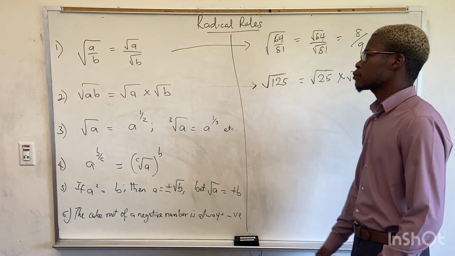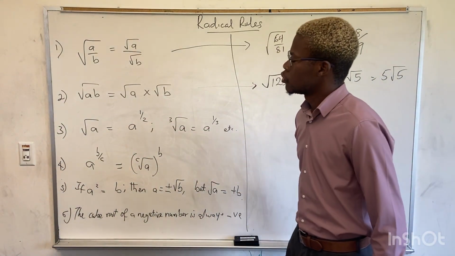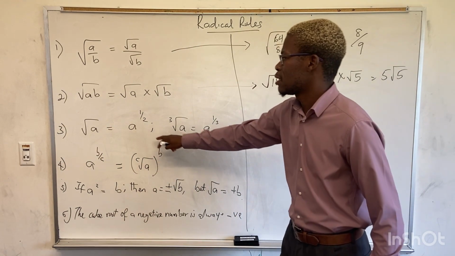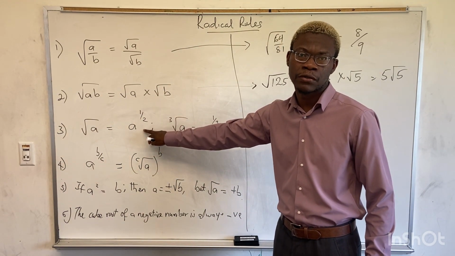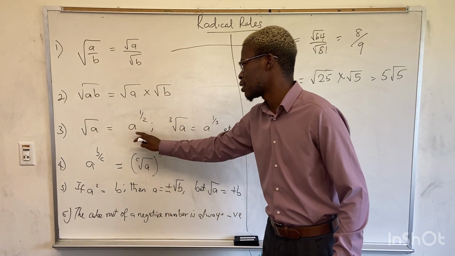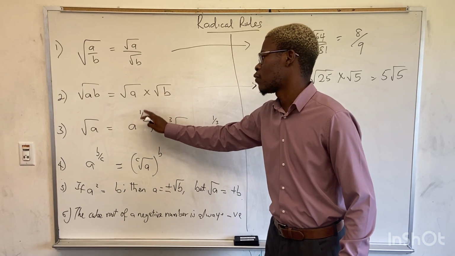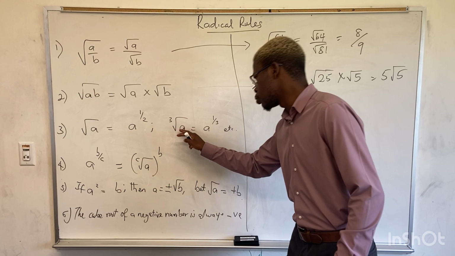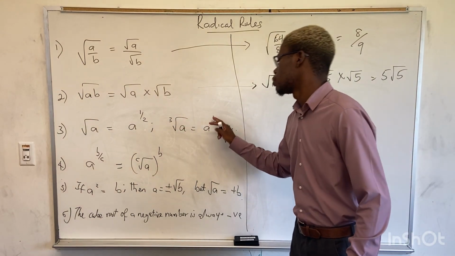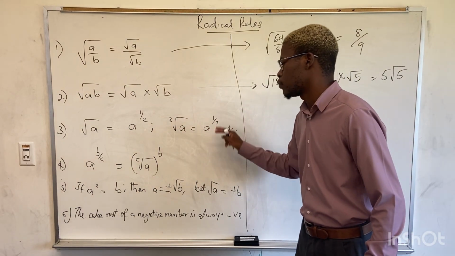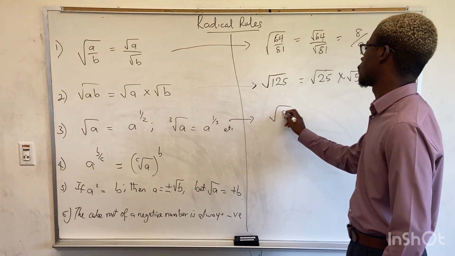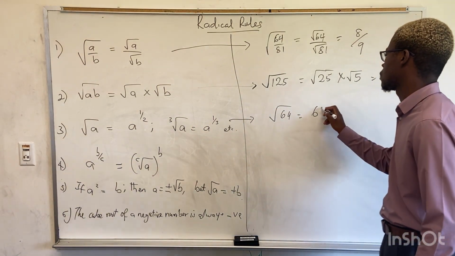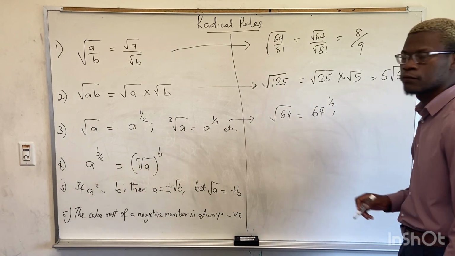Okay, now the third one is square root of a is the same thing as saying a raised to the power 1 over 2. Remember rules of exponents. All right, square root of a is the same thing as saying a to the power of 1 over 2. Cube root of a is the same thing as saying a to the power of 1 over 3. All right, so for example, if I have square root of 64, it's the same thing as saying 64 raised to the power half.